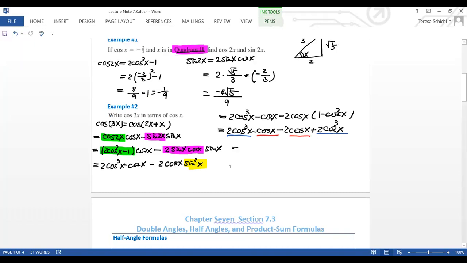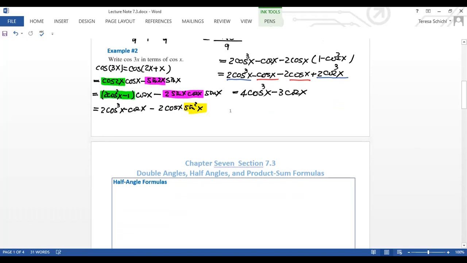Now I combine them and I will have 4 cosine cubed x minus 3 cosine x. This is a pretty good problem. I just want you to practice the double angle, the Pythagorean identity, and going back and forth here. All right, so this is the double angle.